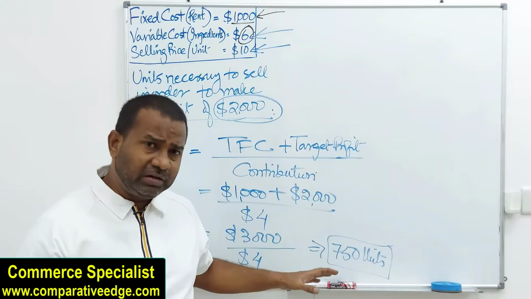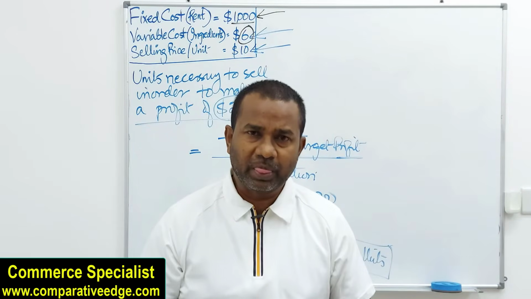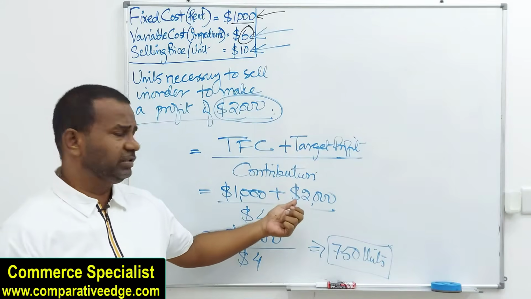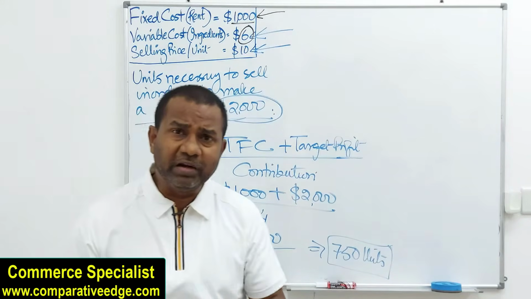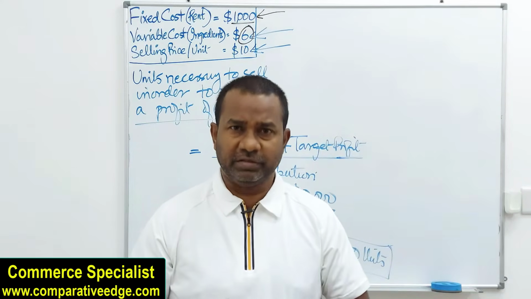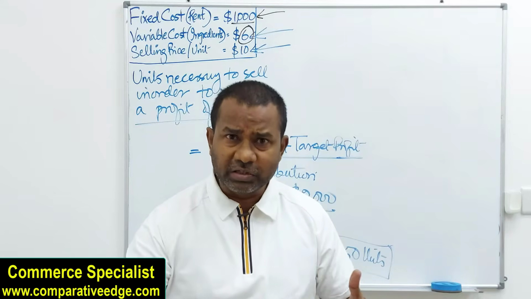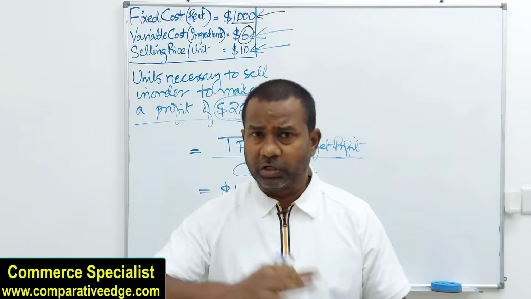Because only then you will be able to cover all your fixed cost and make a surplus, a profit of $2,000. Now again, I'm reminding you, the person has not invested yet into the business. It's just table talk. I'm telling my client the ifs and buts, what to do, what not to do.